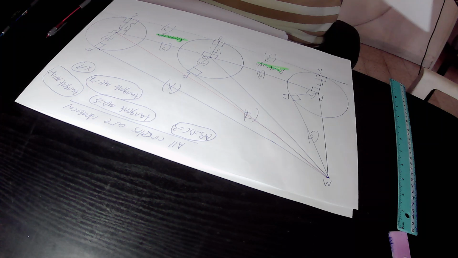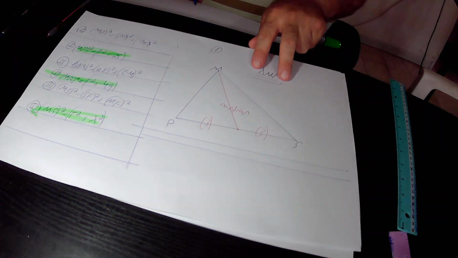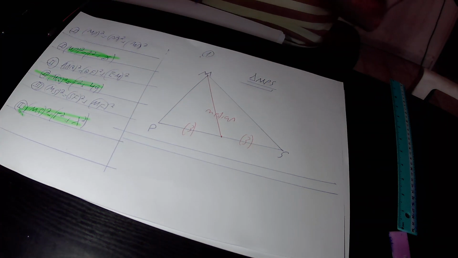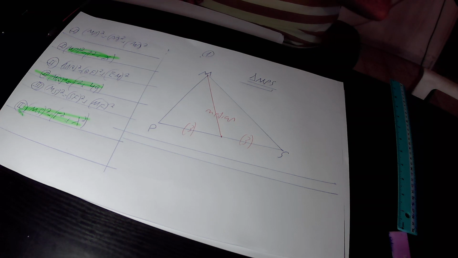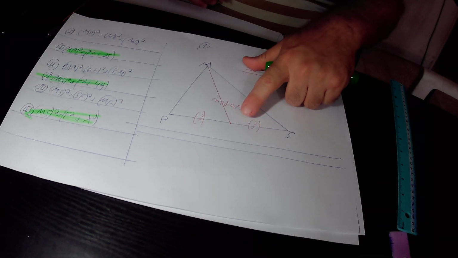So actually, this is the big triangle MPS that I copied from the original drawing. This is point Q.